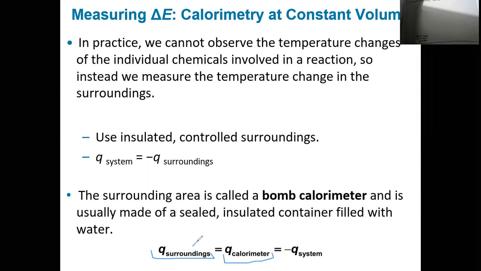Okay, so these two things are going to be synonymous in this scenario. And we have to remember that whatever we're measuring in the water is going to be the opposite of what's happening to our system. Okay, so the Q of the system is going to be opposite the Q of the surroundings.